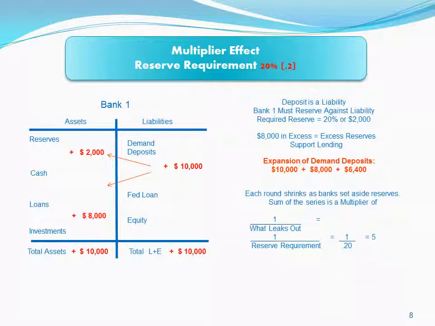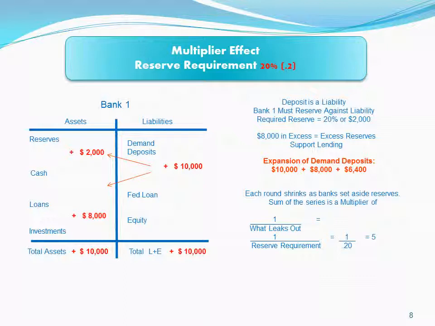I won't derive the equation, but 1 over what leaks out would be equal to our multiplier. So here you can see I have 1 over what leaks out. That is 1 over the reserve requirement, or 1 over 20%, 0.2, gives me a ratio of 5.